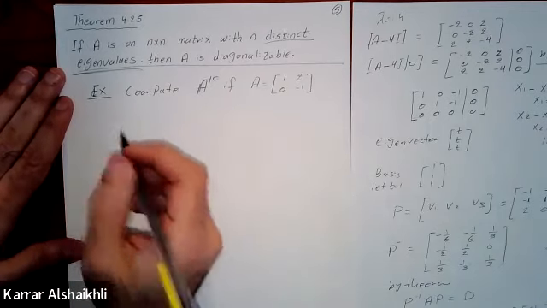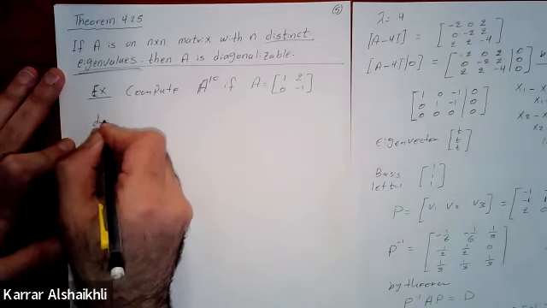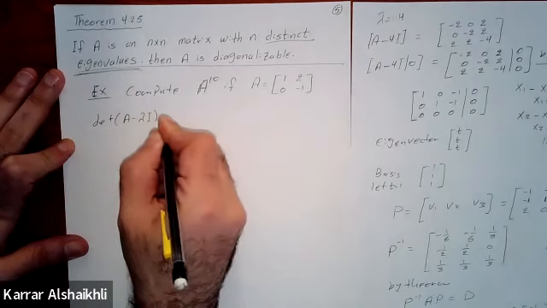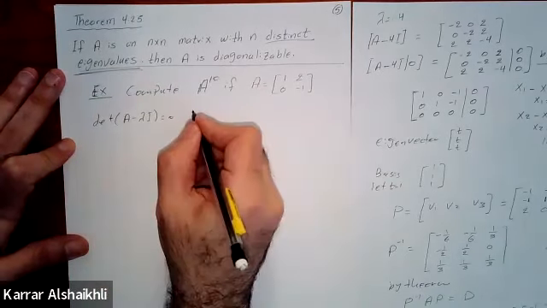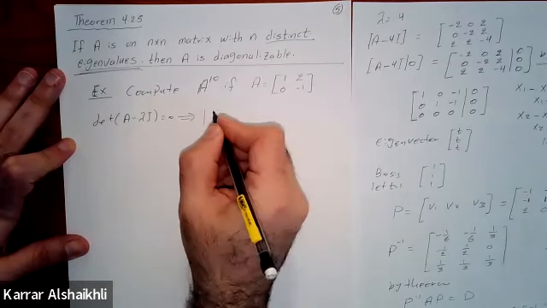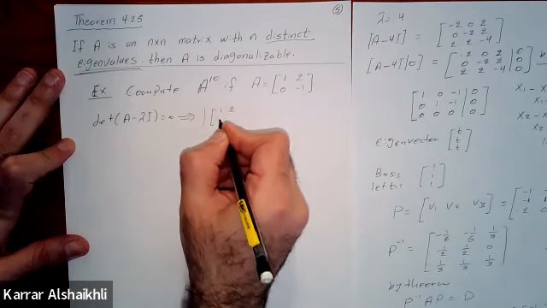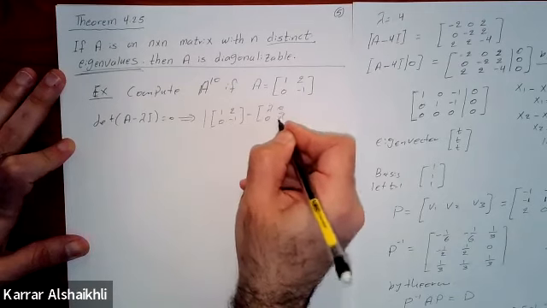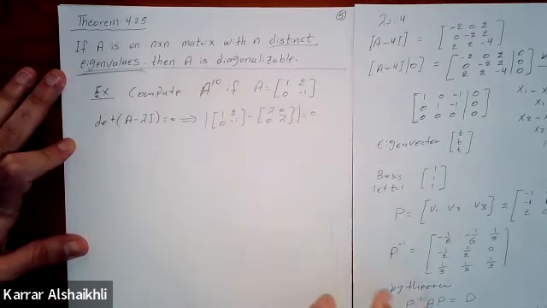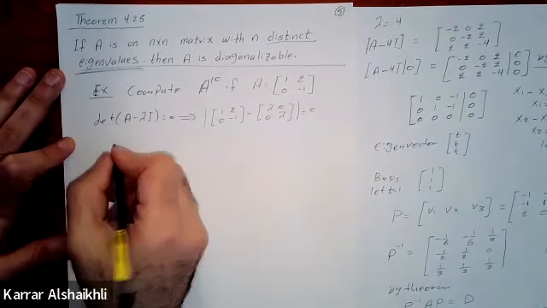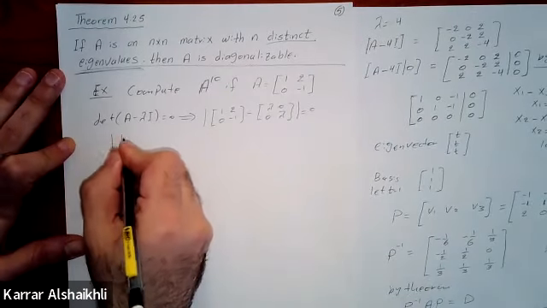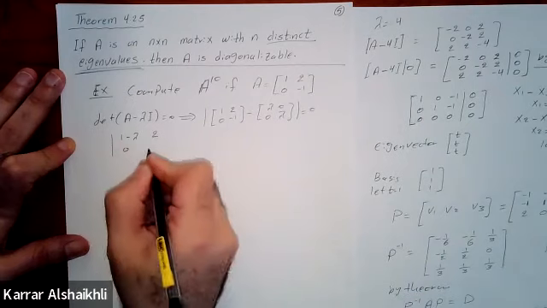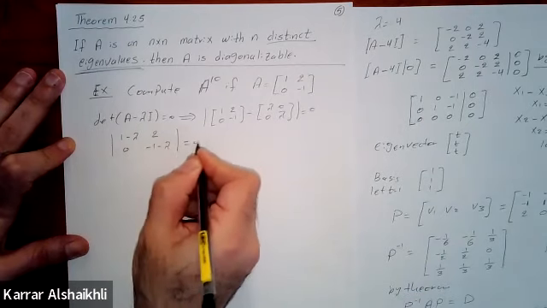Sorry. So the first thing, exactly the same thing, determinant of A minus lambda I is going to be equal to 0. That means A, which is 1, 2, 0, -1, minus lambda 0, 0, lambda equals 0. Now, the determinant of 1 minus lambda, 2, 0, and -1 minus lambda is going to be equal to 0.